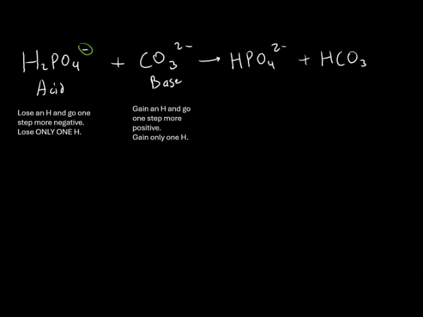If we have 2- and we go one step more positive, all that does is reduce our amount of negatives and brings us up to -1. We symbolize that with a simple negative sign above the HCO3. Also remind ourselves that the acid becomes the conjugate base, and the base becomes the conjugate acid. Therefore, we now have an equation with H2PO4- acting as our acid.